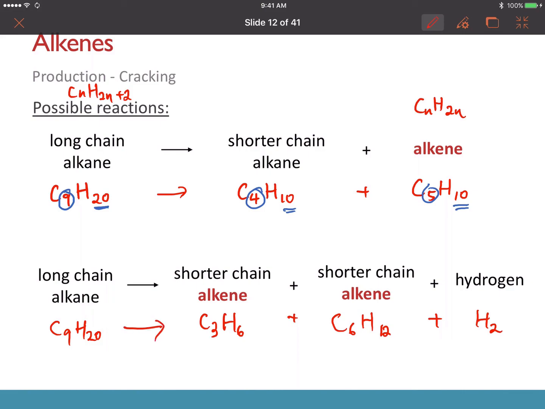Okay, note that when I add up all the hydrogen, 6 plus 12, 18 plus 2, it should give me back 20. Okay, so it's actually quite simple, you just need to heat it up. But again, you are unable to control exactly what is the length and what is the exact product that you get.